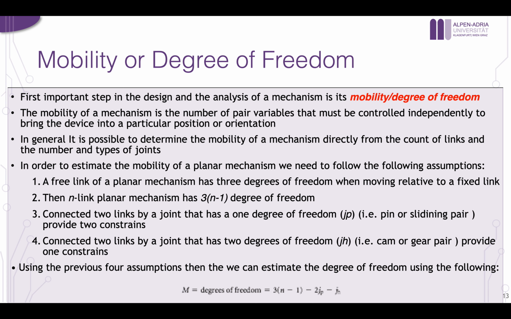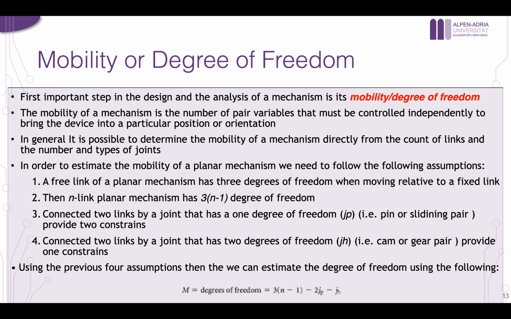Now, mobility has two categories, I would say: mobility in planar mechanisms and mobility in spatial or spherical mechanisms. Now, what is the difference? In planar mechanisms, as I said, they move along one or multiple parallel planes, okay?